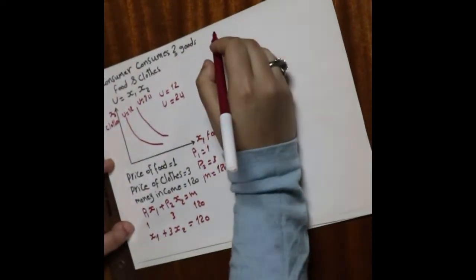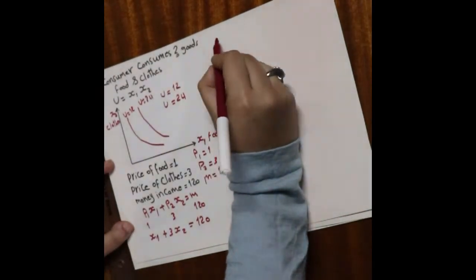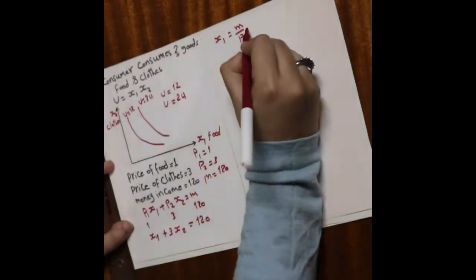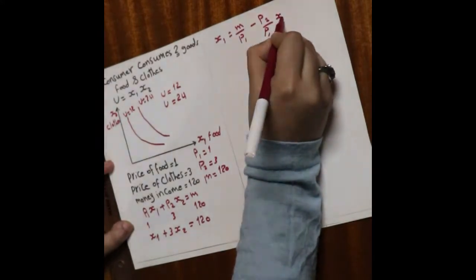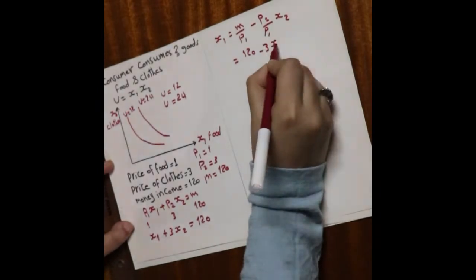We will derive two budget line equations. First one, x1 equal M over B1 minus B2 over B1 multiplied by x2 equal 120 minus 3x2.